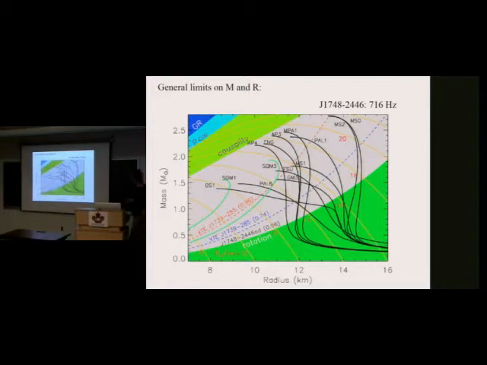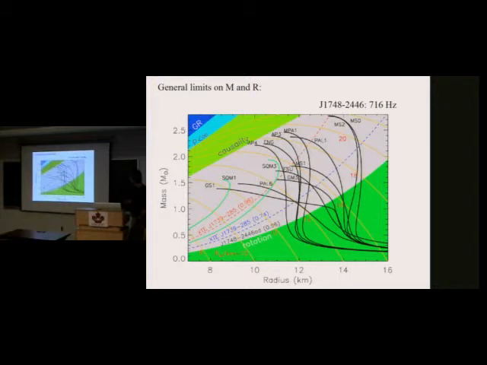In this particular case, the fastest known rotating neutron star is this one, discovered by Jason Hessels about 5 years ago. That means the star must lie above this green area, so we've got this exclusion.